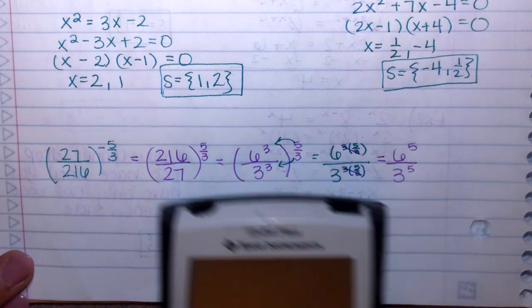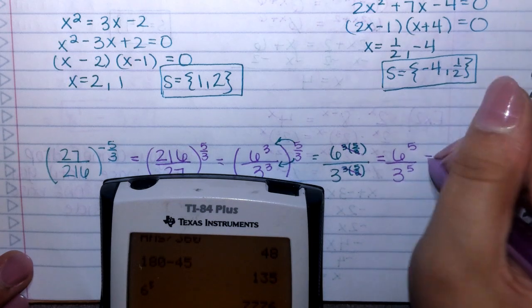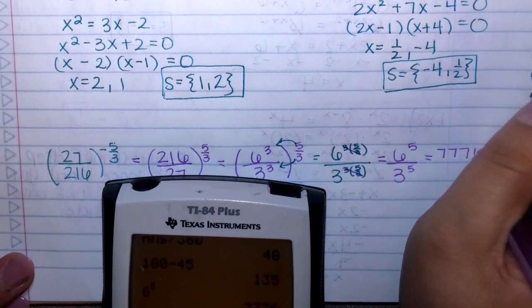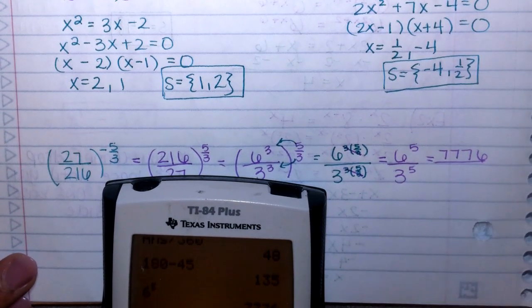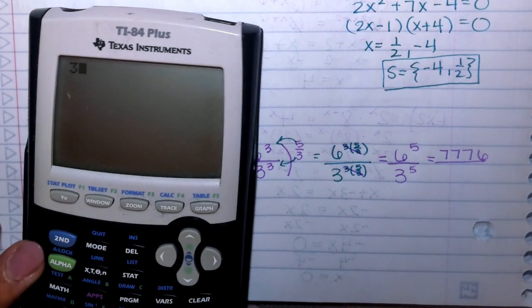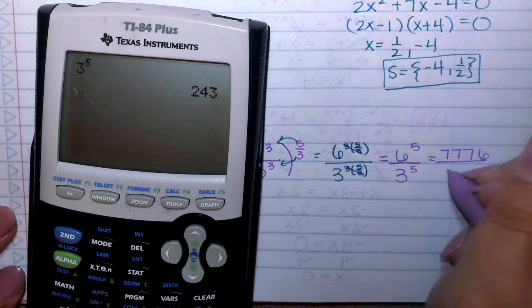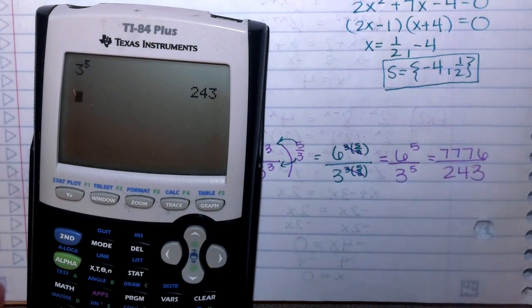What's 6 to the 5th? I do not know. It is something crazy. It's 7,776. What's 3 to the 5th? 243. 3 to the 5th is 243. Now, this is homework. What do you have at home?